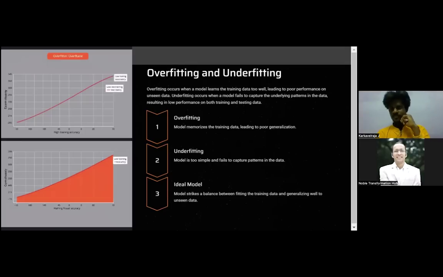Underfitting and overfitting do not help in getting insights from unseen data. The best model generalizes well to unseen data, so the performance of the model will be good.